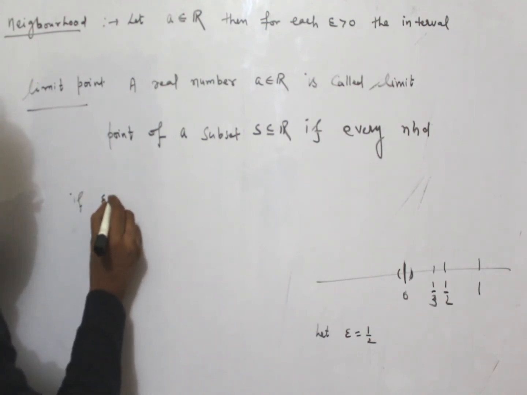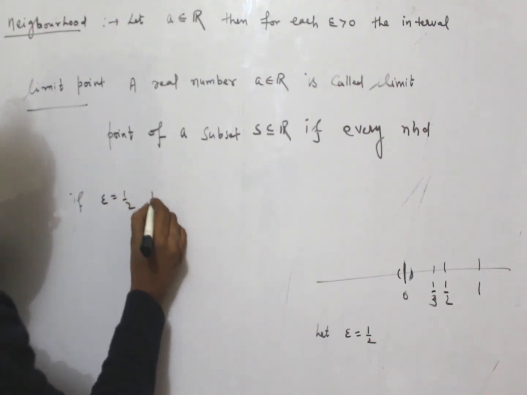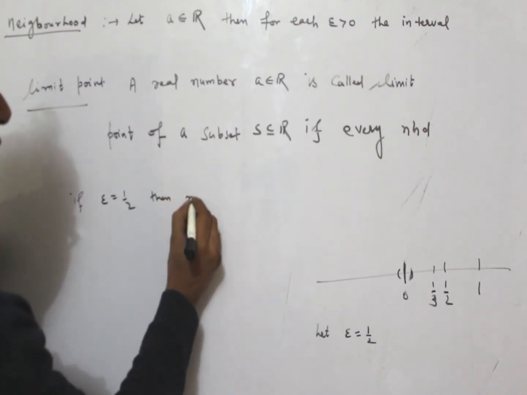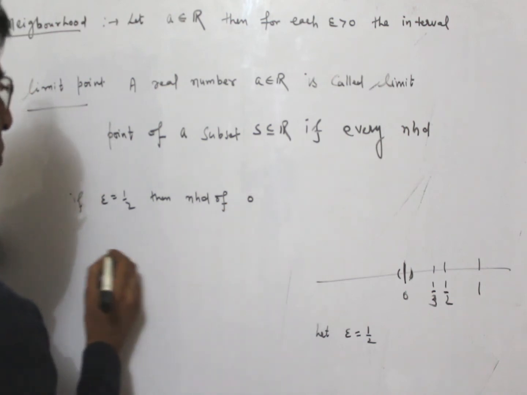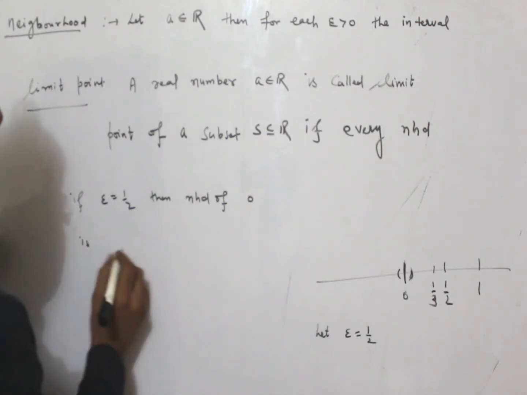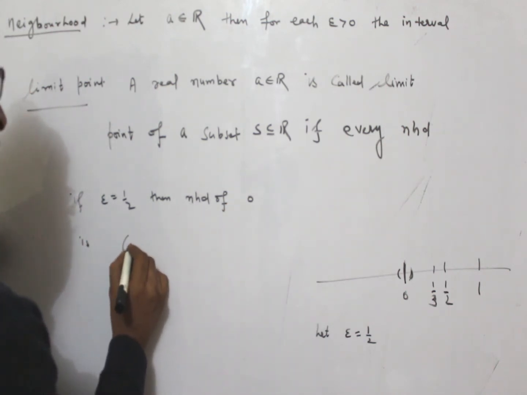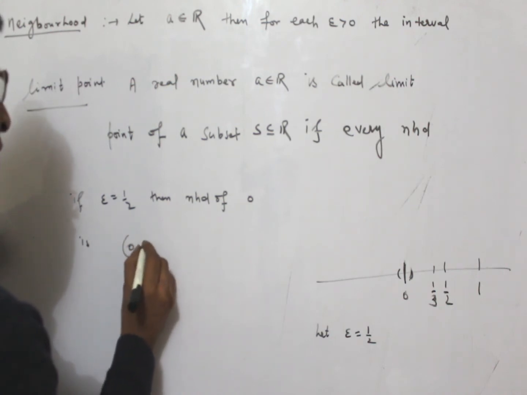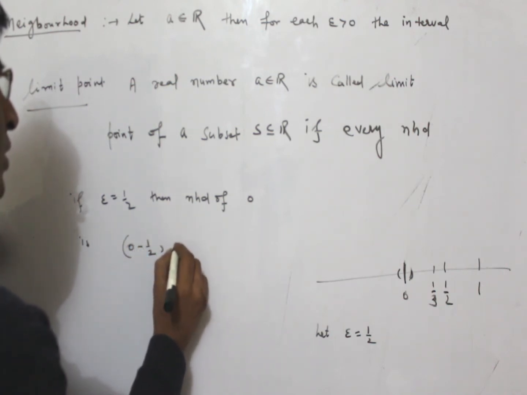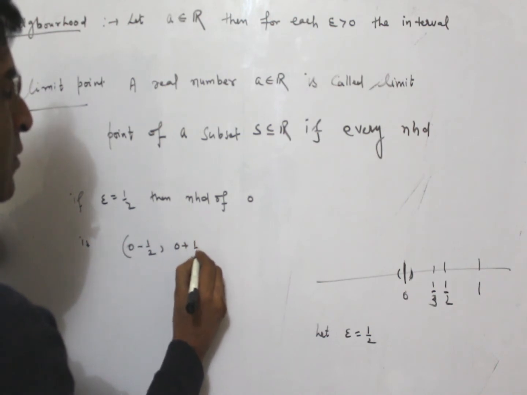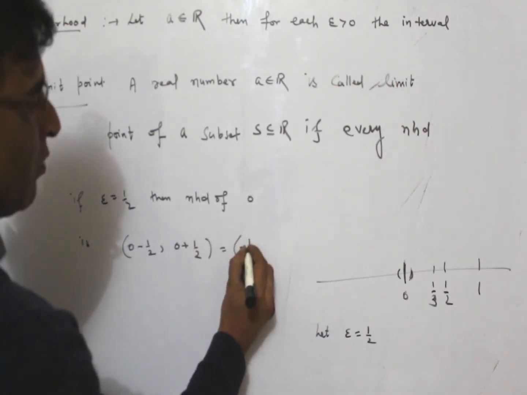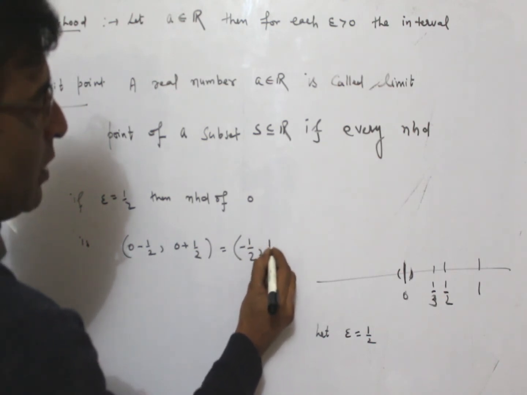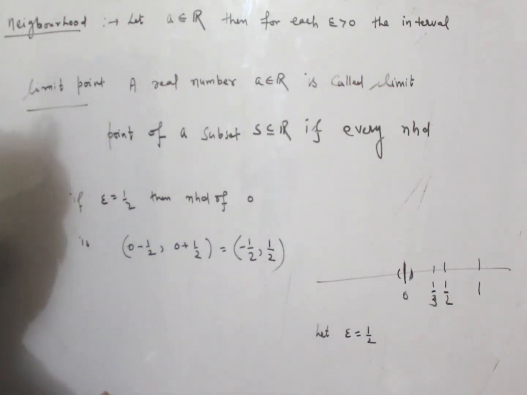If epsilon is 1 by 2, then the neighborhood of 0 is 0 minus 1 by 2, 0 plus 1 by 2, and after simplification we have minus 1 by 2 and 1 by 2.